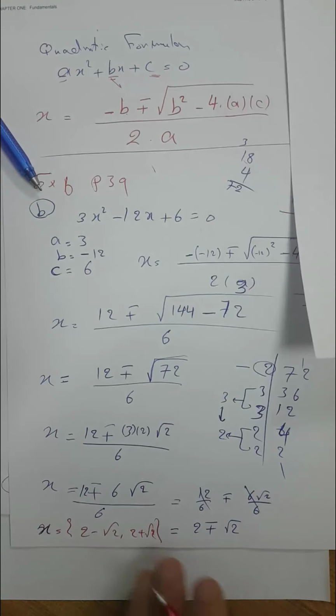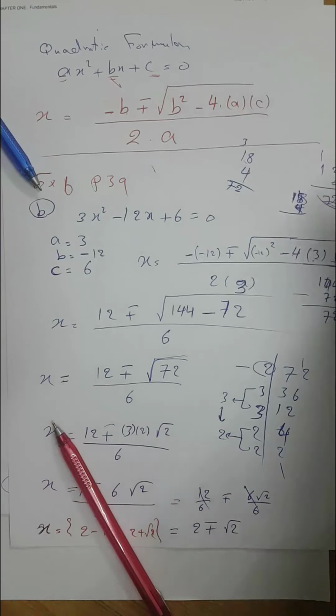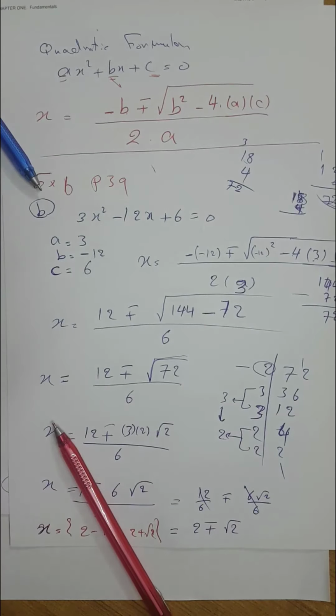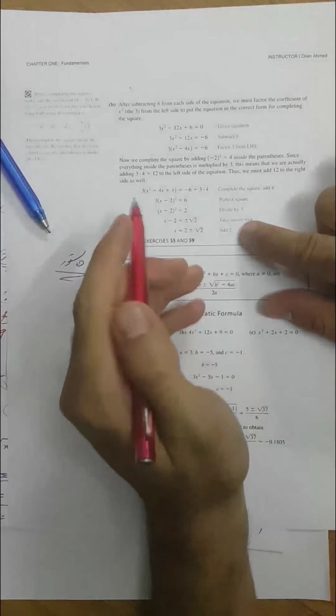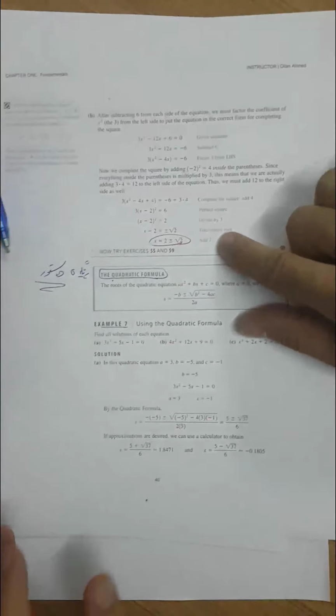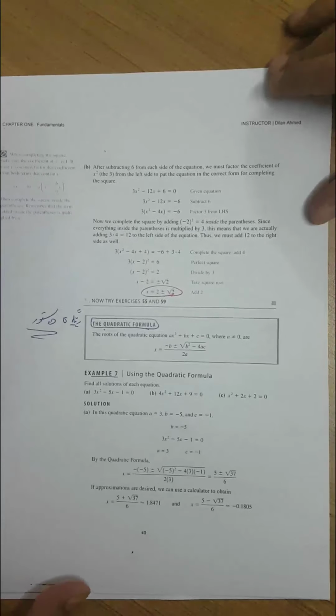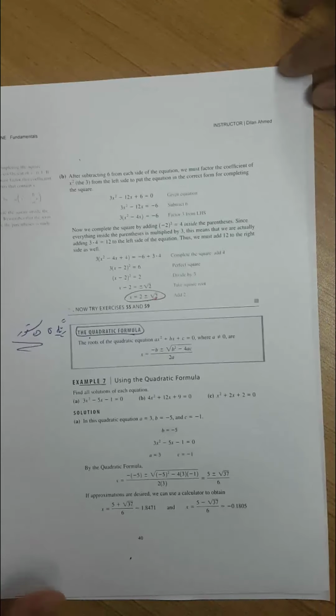So this is the solution that you can also find on page 14, because here is the result. Even though he used another method, the solution remains the same. You know, it's math.